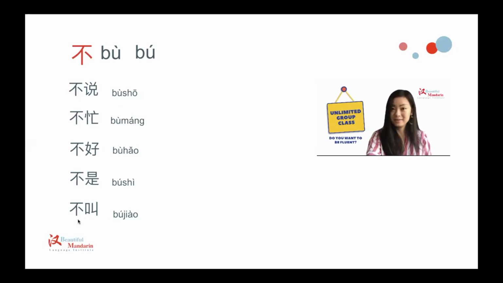So that's the meaning of 不叫. But you see, in those first three examples, we read this character as the fourth tone, 不. And for those last two examples, we read them as the second tone, 不.